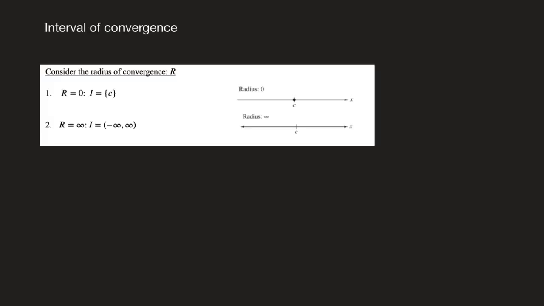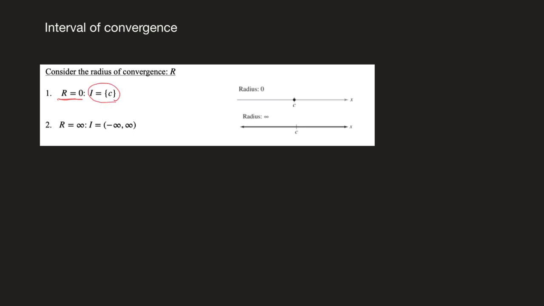Now, in previous slides we talked about radius of convergence. When you figure out the radius of convergence, we really have to find the interval of convergence. The first one is very simple and easy. Radius of convergence is 0, which makes the power series converge at only 1 point.